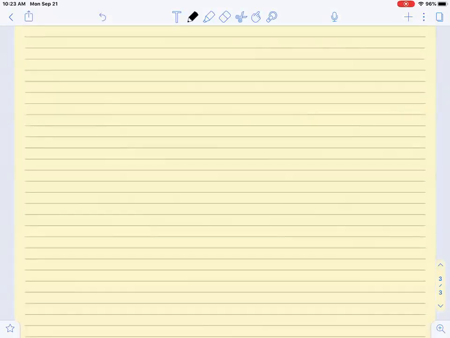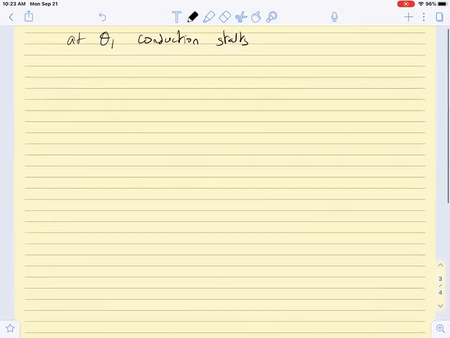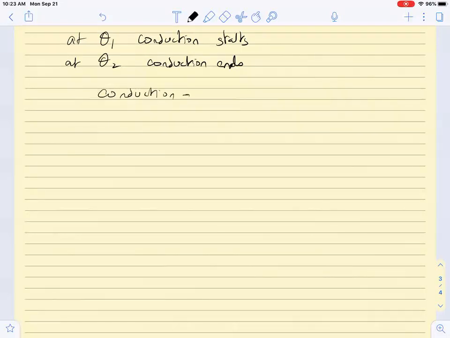At theta 1, conduction starts, okay? And at theta 2, conduction ends. And therefore the conduction angle is equal to theta 2 minus theta 1, which is 5 pi over 6 minus pi over 6, giving 4 pi over 6, which is 2 pi over 3 for the circle.